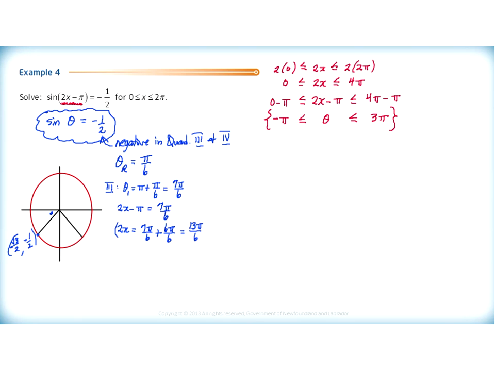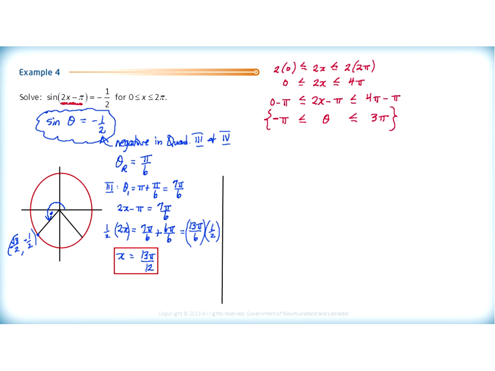If we multiply both sides of the equation there by 1/2, we will get x is equal to 13 pi/12 as one solution for this equation. So that was on our first revolution around the unit circle.